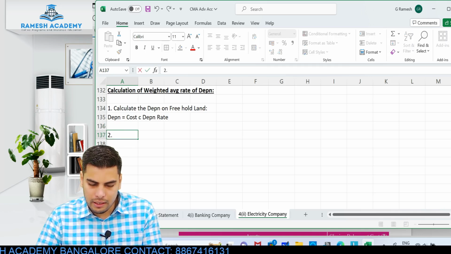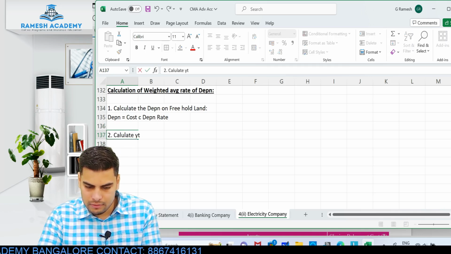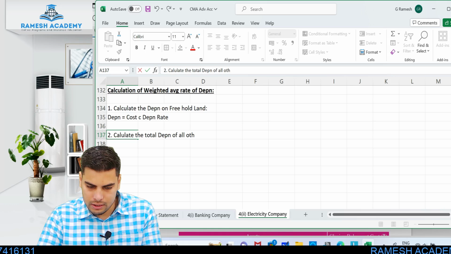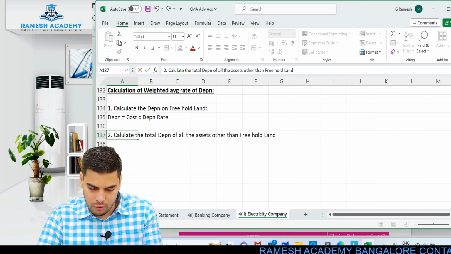Second thing is calculate the total depreciation of all other assets, of all the assets other than freehold land.